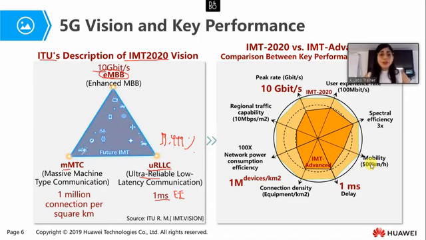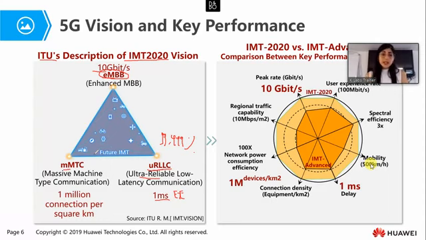On another vertex, we have the massive machine type communication. As the name suggests, it is the communication between machines, but in a massive way. So basically today, with the technology that we already have, we are talking about Internet of Things, IoT.